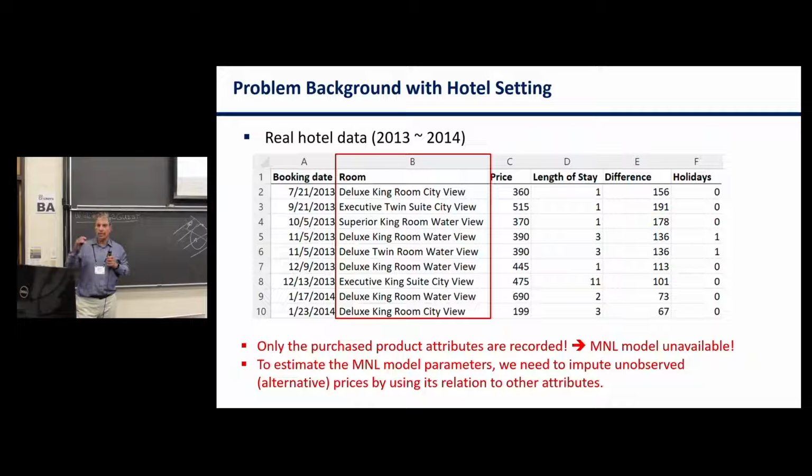So these are different customers, obviously, and they choose different rooms at different prices. So we don't know, for example, at what price a superior king room, water view, was offered to the first customer, because he or she chose a deluxe king room, city view.